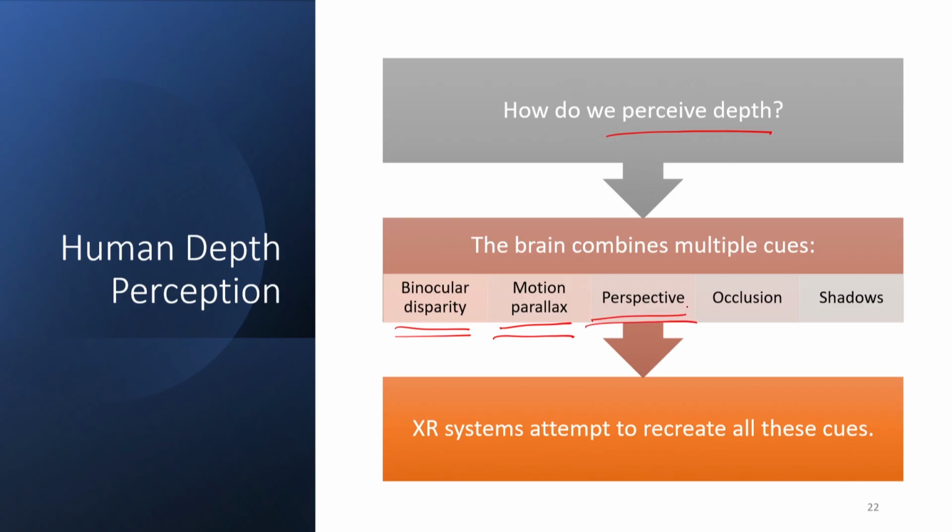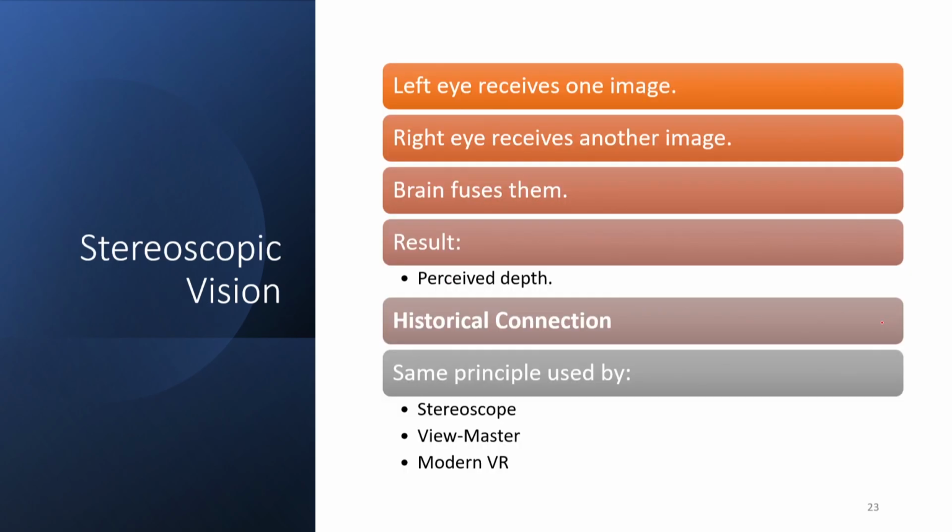Then there is the perspective view that we get from images, occlusion due to objects in front that tell us which object is in front and which is at the back, and also shadows. So, from all of these cues, usually your brain is able to tell the depth at which different objects are. Now, XR systems usually attempt to recreate all of these cues, that is binocular disparity, motion parallax, perspective, occlusion and shadows.